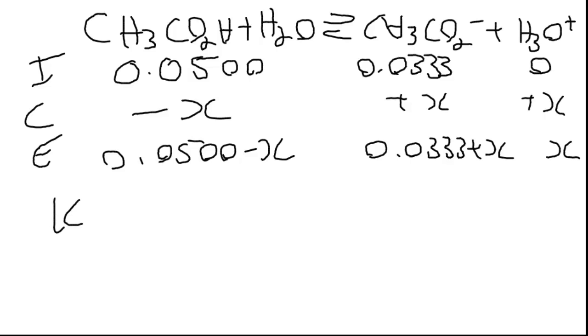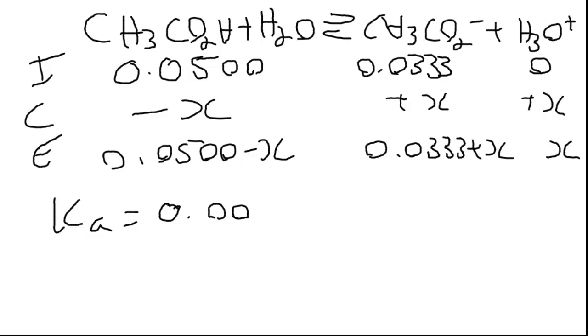And we'll put that into the Ka expression for acetic acid. Because the Ka, remember, is 1.75 times 10 to the minus 5, x is going to be small in comparison to 0.05 and 0.033, so I'm going to ignore those values and say that it's a reasonable approximation.